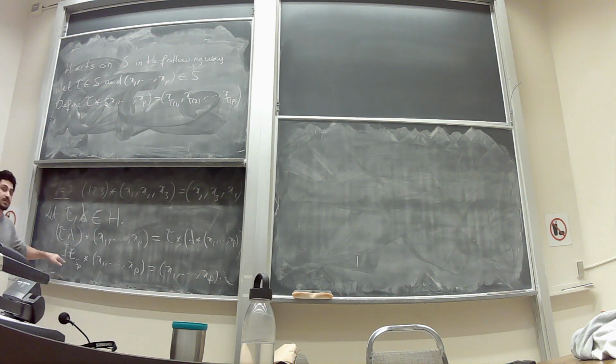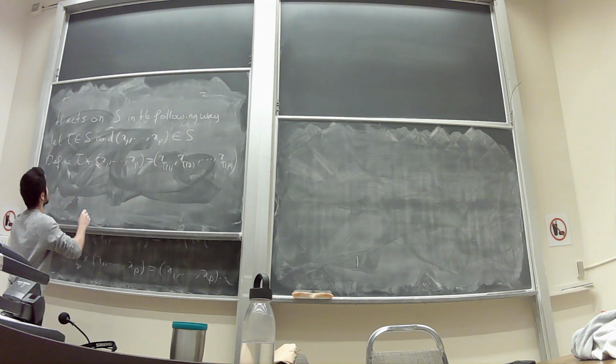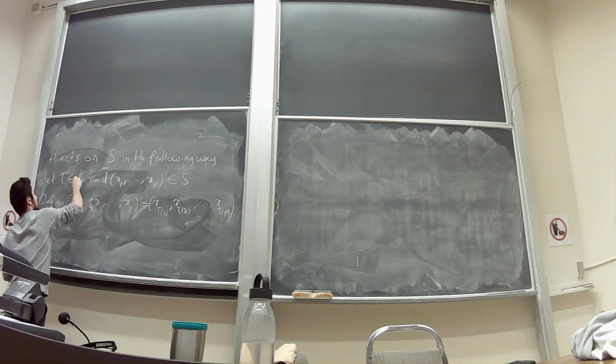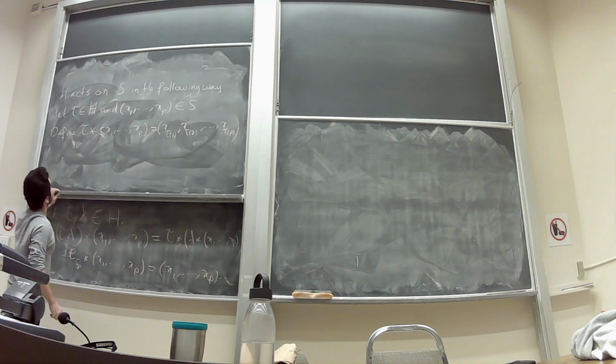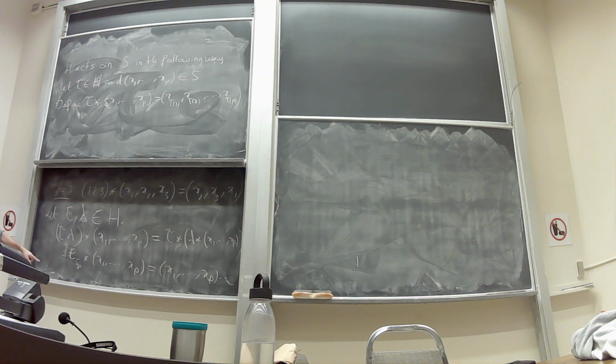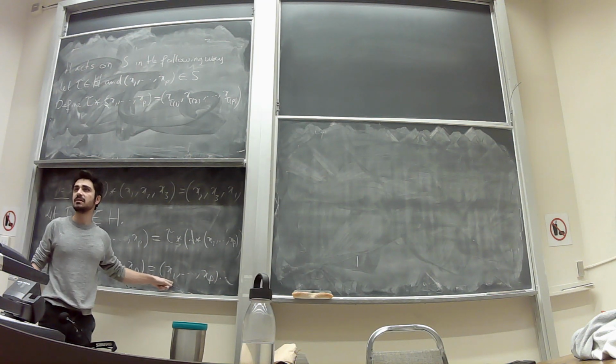But this is obvious, right? Because the identity, yes? Shouldn't that tau belong to H? Tau belongs to H. What did I say? Yes, thank you very much. So I want the identity in S_p. Of course, the identity function will not change 1, it will not change 2, it will not change 3.